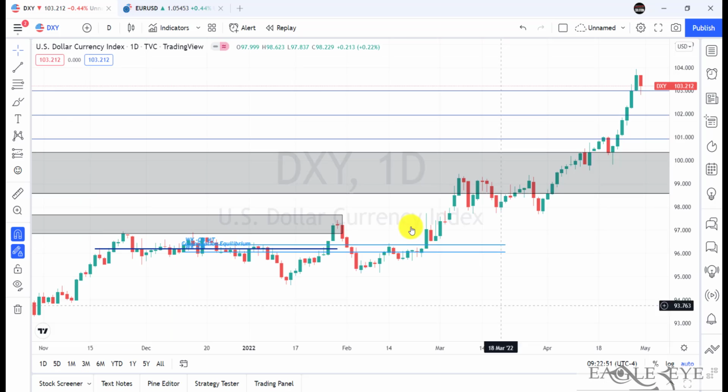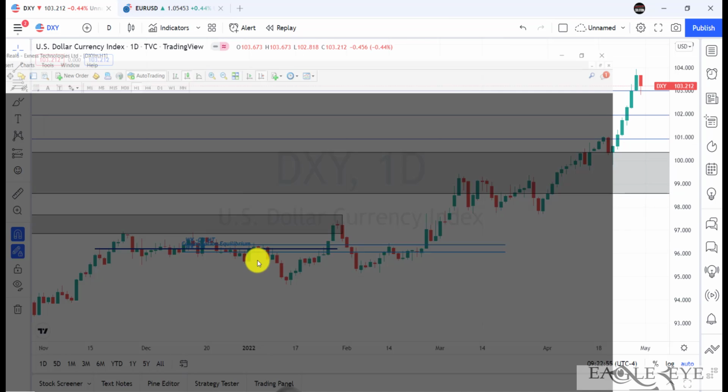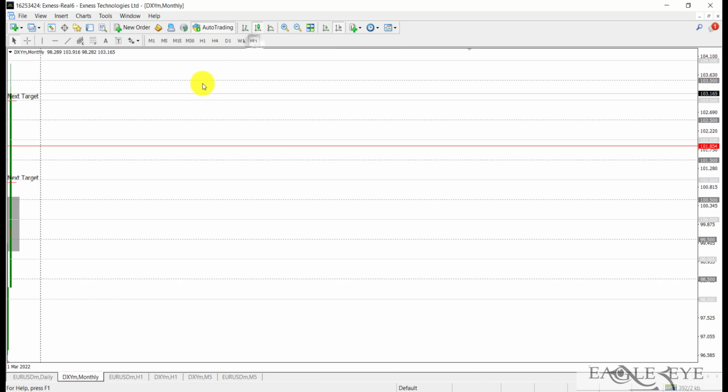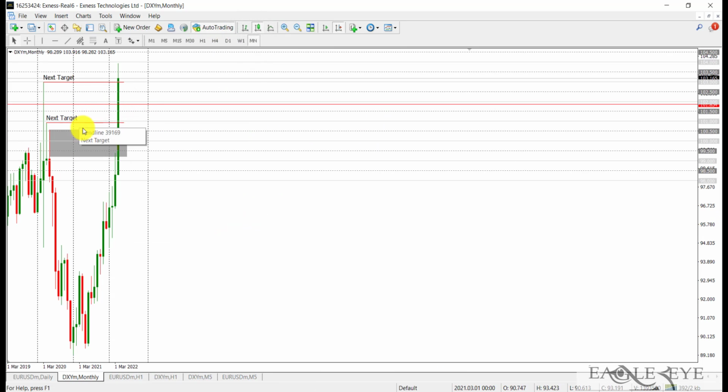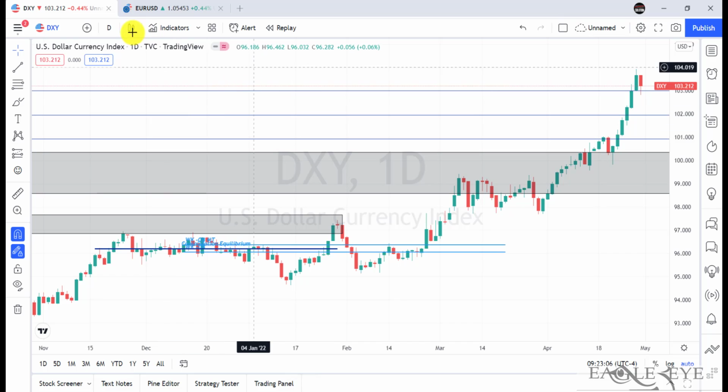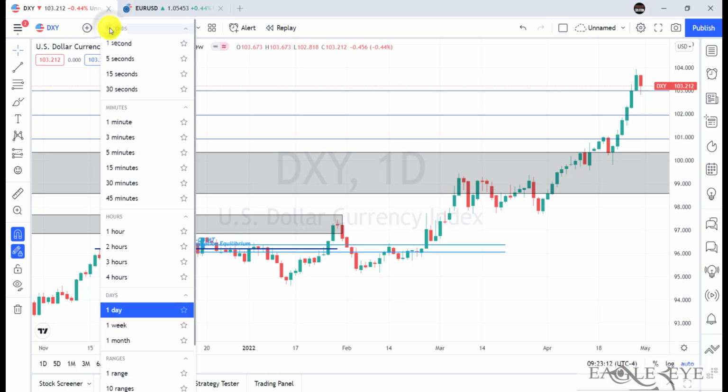Actually, if you look at the monthly, this particular chart is not enough. On this particular broker there's an insufficient price feed, so I use the TVC feed on the dollar index, because I need long-term price charts from the period before the first of March 2019.